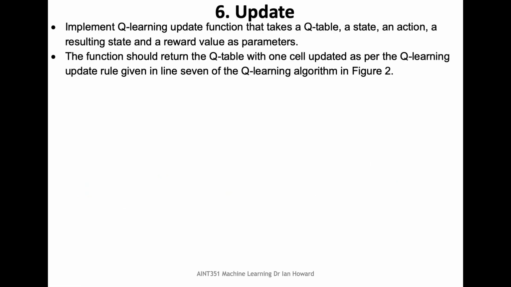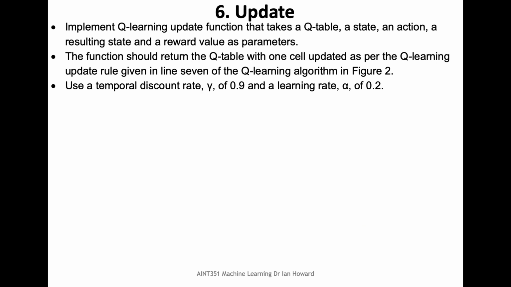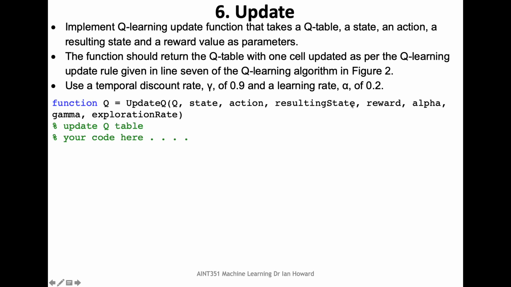The update function, again, is quite easy to do. All you have to do is make sure you use the right values for temporal discount and the right values for the learning rate. And in this particular case, it's something of this form.